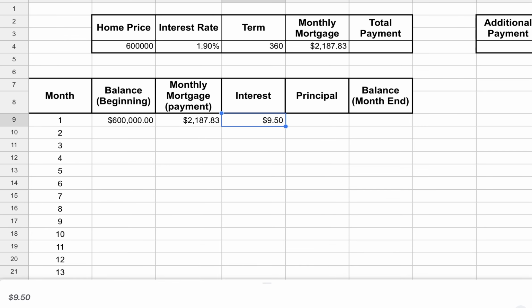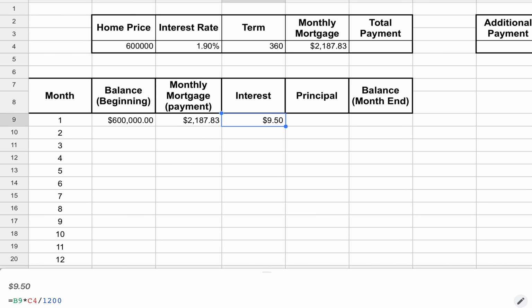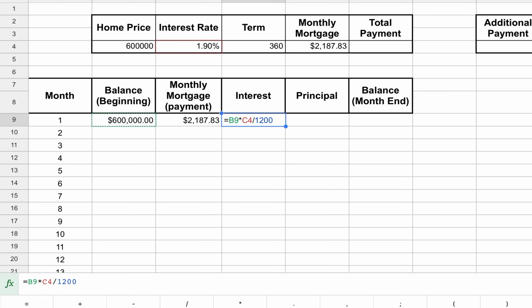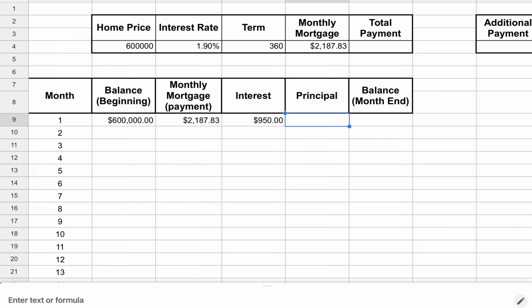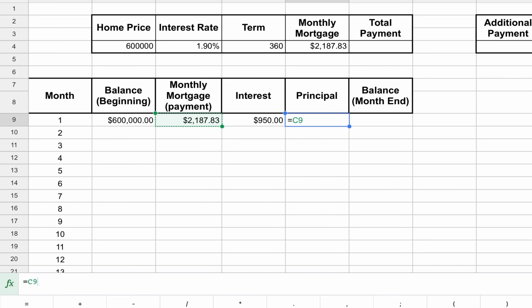And that cannot be right. It should be divided by 12, because it's already taken into account the percentage. There we go, $950. And then the principal is going to be the monthly payment minus the interest.